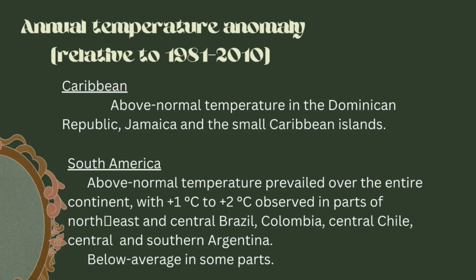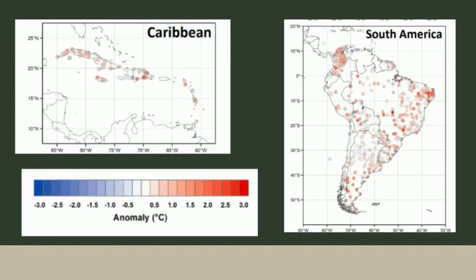Then below average in some parts, na ang Jamaica is nasa 1 to 1.5 degrees Celsius, then ang Dominican Republic ay nasa 1.5 degrees Celsius. While in South America, makikita natin na ang Brazil ay nasa 1 to 2 degrees Celsius. Then, ang Chile is nasa 0.5 to 1 degrees Celsius. Then, ang Argentina is nasa 1 to 1.5 degrees Celsius.